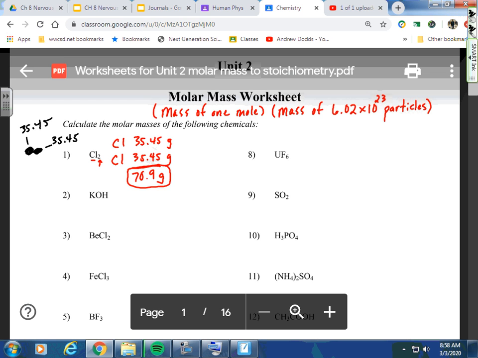Number 8, you've got UF6. I'll do this one for you. Why not? So UF6. I see there's 2 capital letters here. I have a U and I have an F. So that's telling me there's 2 elements. There's U 1 time. There's F how many times? 6.